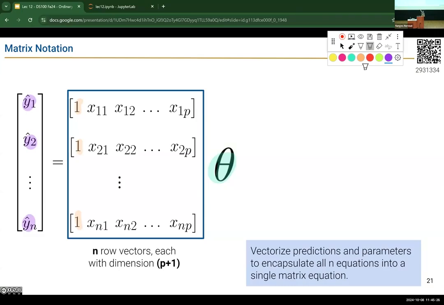This matrix that I created, notice that it has n rows and it has p plus 1 different columns. N for each one of the observations, obviously, because I'm stacking them together, and then p plus 1 for the number of columns, because there's one column for all of those values of ones, and then p for the p different features that we're using in order to make the prediction.